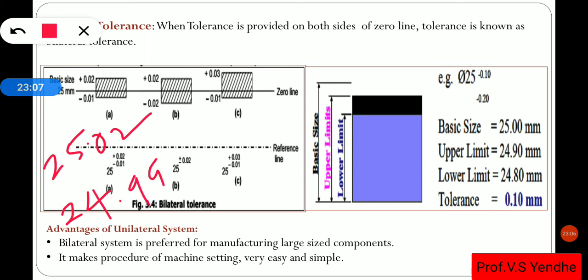This is the lower limit. So we will get one value which is more than the basic size and one value which is lower than or below the basic size.